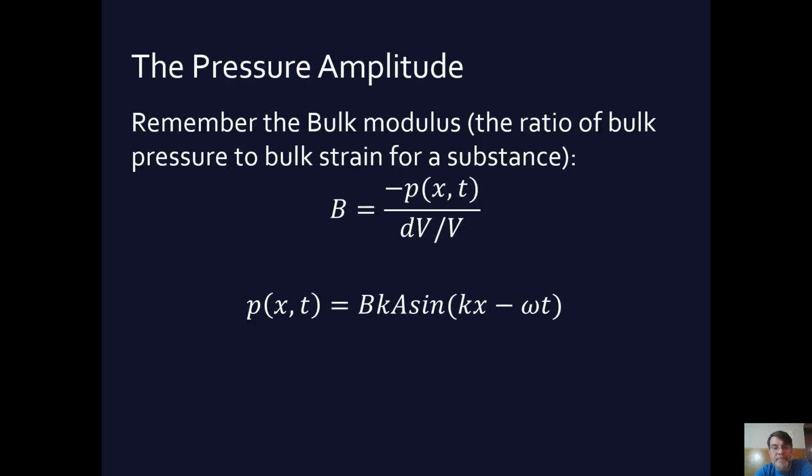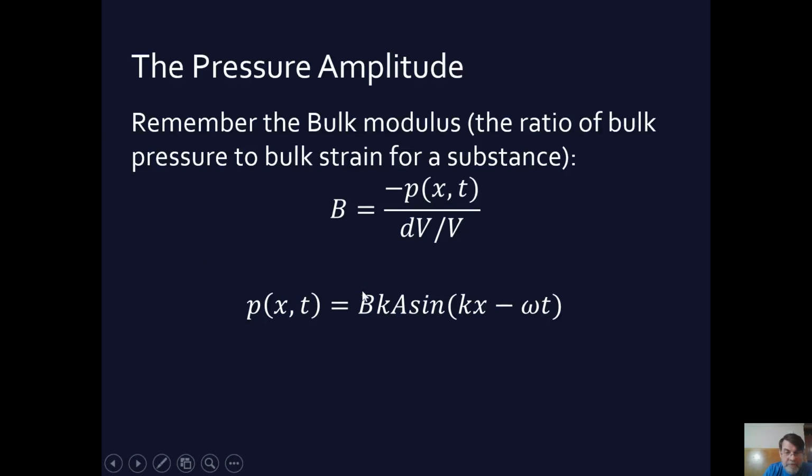So this is where we end up, and Young and Freedman do some nifty algebra to get here. You don't have to know it, but let me just walk you through it a little bit. The first thing they do is isolate the p(x,t), and to do that, they put the negative on the other side and multiply the other side by dV over V, and so we have negative dV over V times B on this side equals the pressure function.